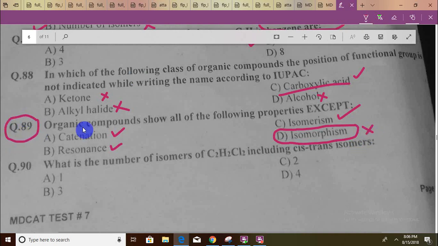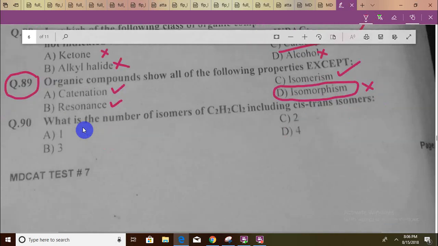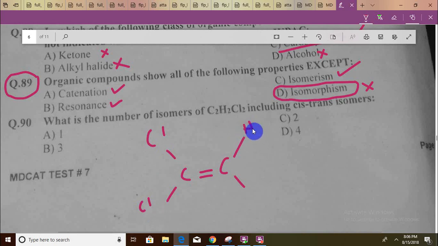So what is the number of isomers of C2H2Cl2 including cis-trans? Well, if it's like this, we can have one of these. We can have one of these, we can have the two isomers. So we have 3. Let's wonder if there's a fourth way of this.